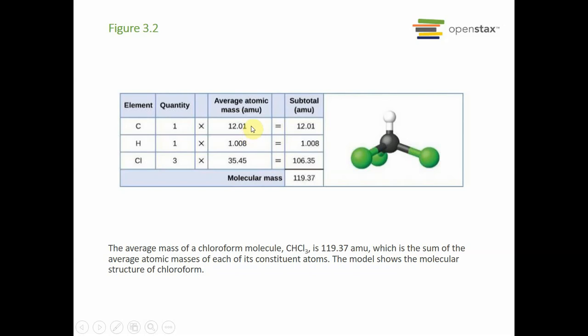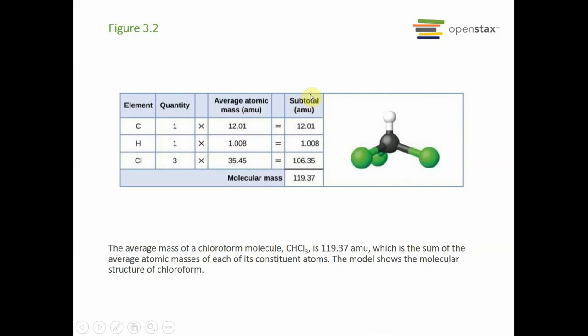Now note, these atomic masses reflect the natural abundance of the isotopes. So most of the carbon that exists is carbon-12, which is defined as an atomic mass unit of 12, plus a tiny amount of carbon-13, which increases the atomic weight as it appears on the periodic table a little bit.